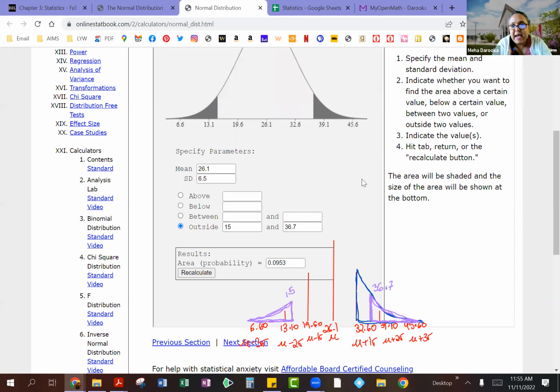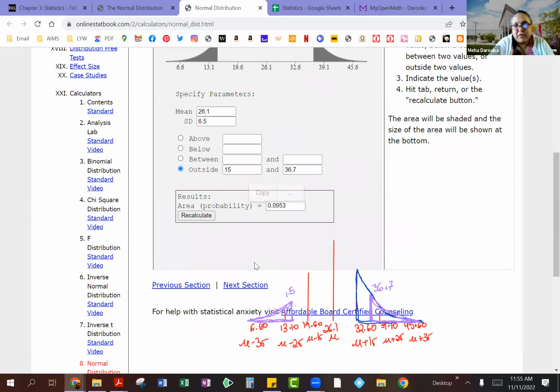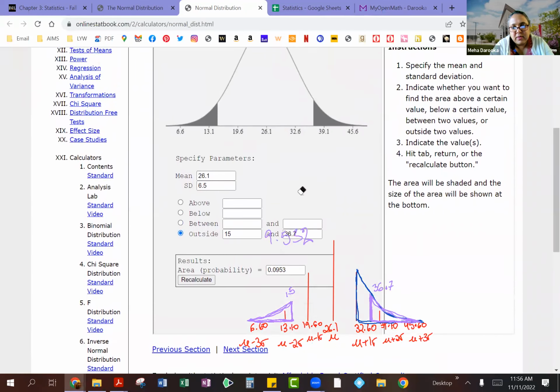And you should see it highlights those exact sections that we want. And then when you say recalculate, it gives you your decimal percentage. And you will see again, as you convert it from a decimal to a percentage format, that will of course become 9.53 as we move our decimal 2 places to the left.